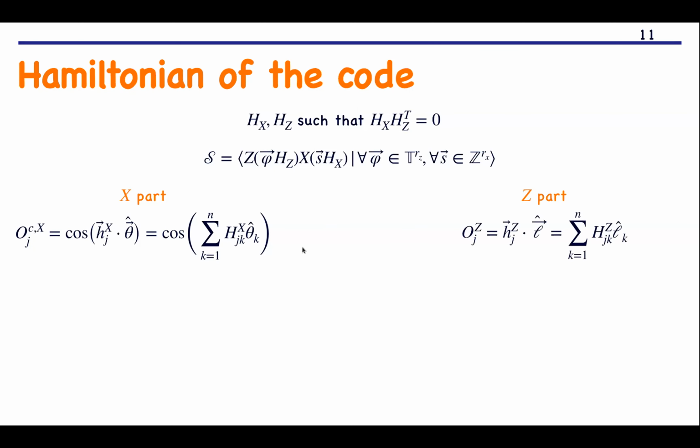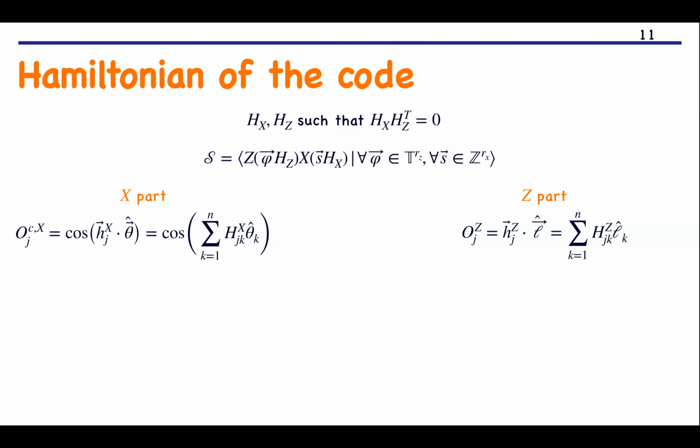While for the Z part of the stabilizers, since they have a continuous nature, we can directly take a linear combination of angular momentum operators, where again the coefficients are related to the HZ matrix.